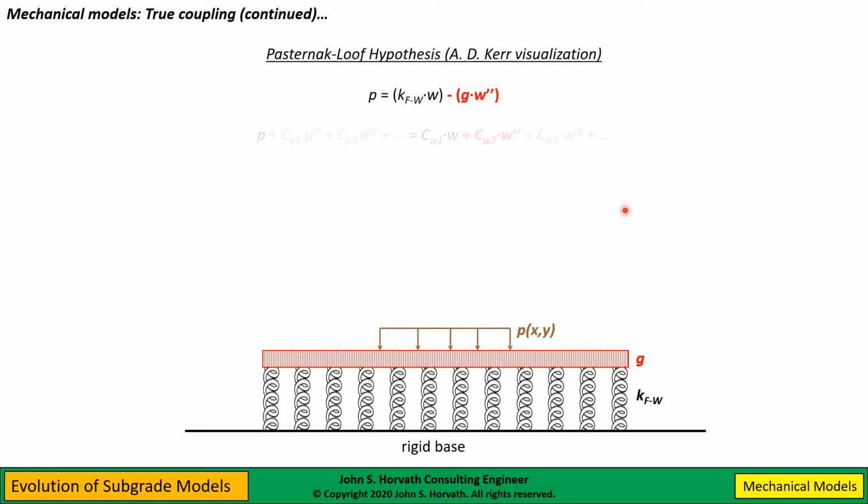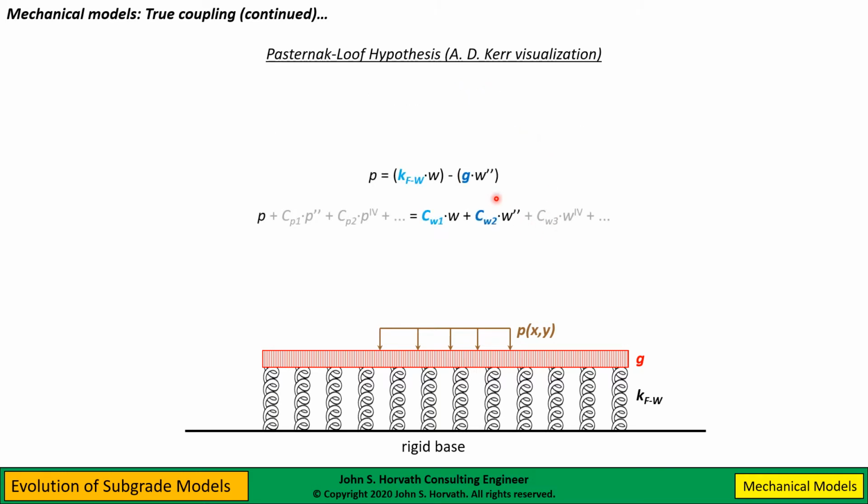And actually, you get the same differential equation as the Filanenko-Borodich model with the tension membrane, because as I said, a shear-only layer. And I use a lowercase g. This is not the shear modulus. This is just a shear constant in this case for this fictitious layer. You get the same differential equation as the tension membrane. Right? And again, this is how the parameters correlate.